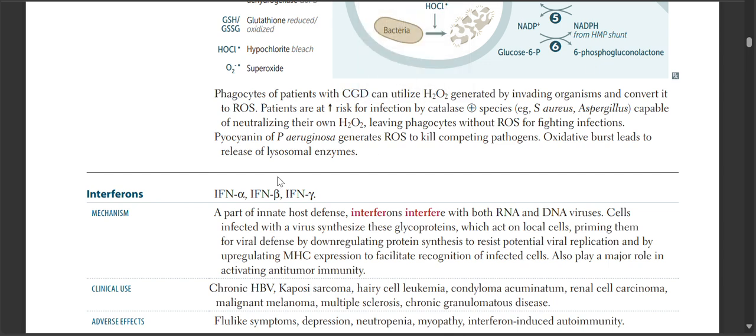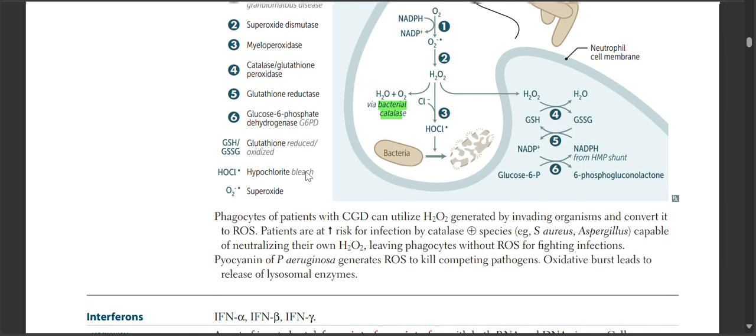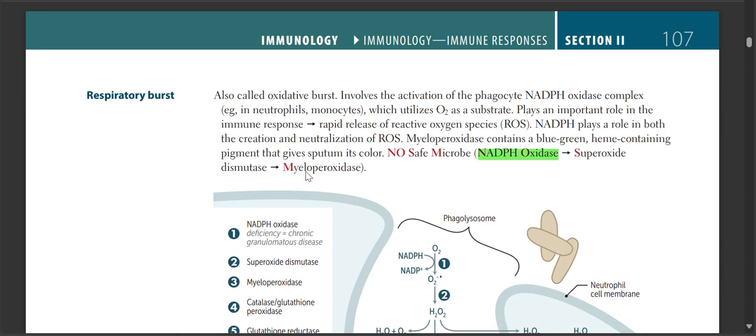And then the NADPH oxidase enzyme is embedded on the surface of the cells, right? Yes, like on neutrophils, on all cells. You have neutrophils, you have macrophages. All of those cells have NADPH oxidase.